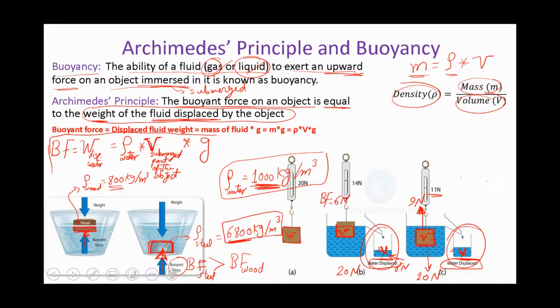So if you are in the air, somebody was asking about the air, and you want to know if your object is going to fly or lift up, you need to compare the density of the object to the density of air. If it has lower density than air, it will float and move up, like the balloon that we discussed at the beginning.